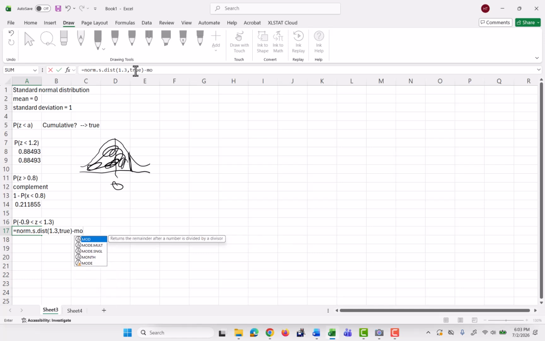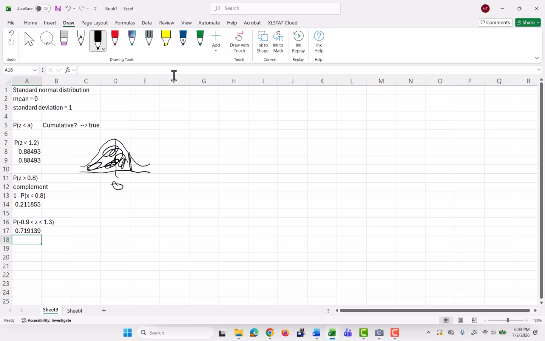So this will be NORM.S.DIST of negative 0.9, and again we put in the true. The result, 0.719139, makes sense: we're taking this right out of the middle, the high part of the curve, so that makes a lot of sense.